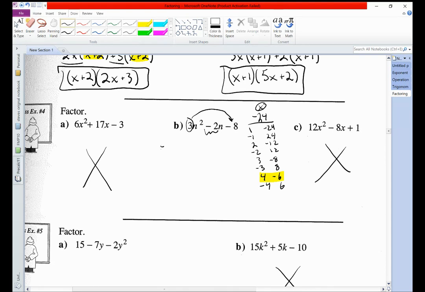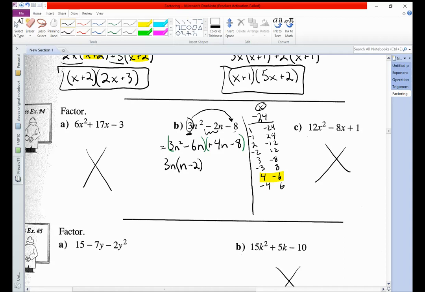So I can rewrite this. The 6 goes well with the 3, and the 4 goes well with the 8. So I'll put the 6 first. I'll say 3n squared minus 6n plus 4n minus 8. Now I can group. I can pull out of the first brackets the greatest common factor, which is 3n, and I'm left with n minus 2.